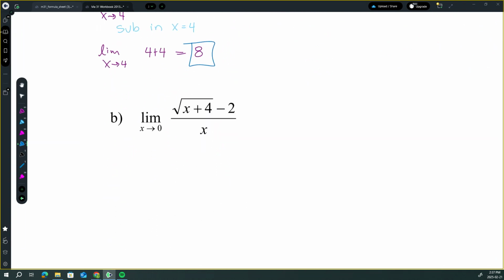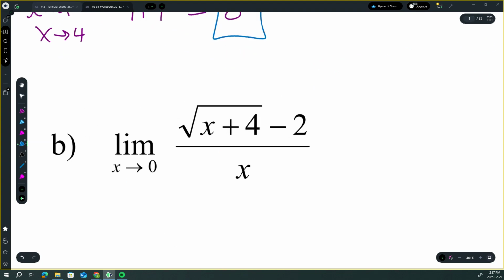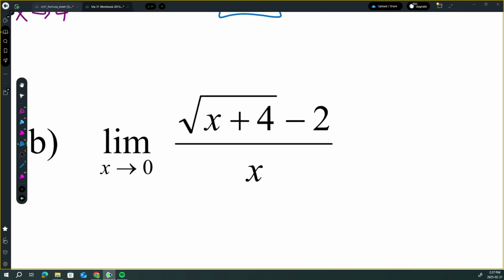All right, our next limit. Evaluate the limit of the square root of x plus 4, minus 2, all divided by x.